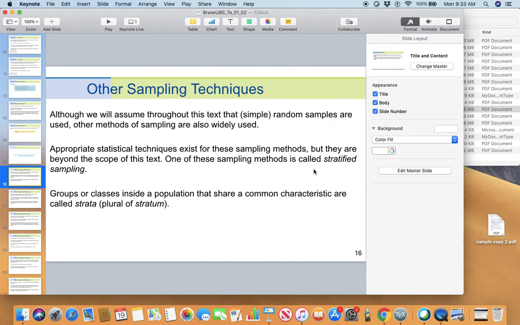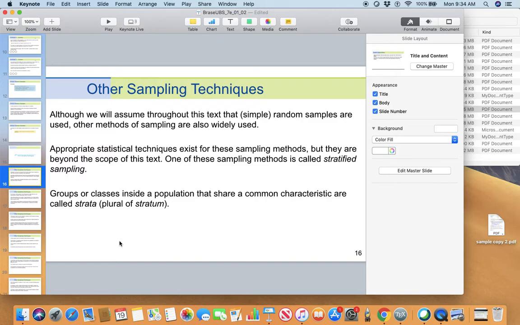One of these sampling methods is called stratified sampling. Groups or classes inside a population that share a common characteristic are called strata. Strata is the plural of stratum. Like we say, our society is stratified. What does that mean? It means there are different classes, based on income level and so on. So stratification is demarcation.